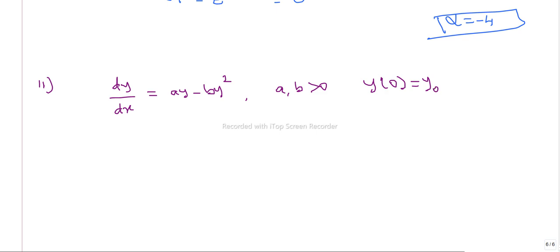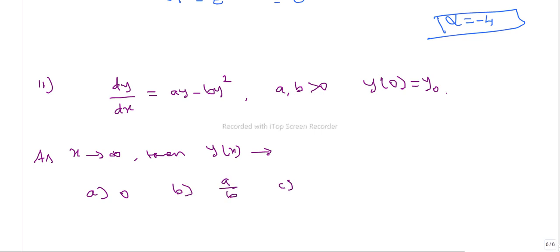Suppose as x goes to plus infinity, then what can you say about the solution? Then y of x tends to where? y of x is the solution. The first option is 0, second option is a by b, third option is b by a, last option is y naught.